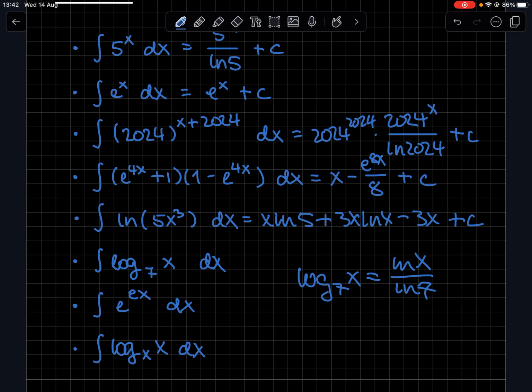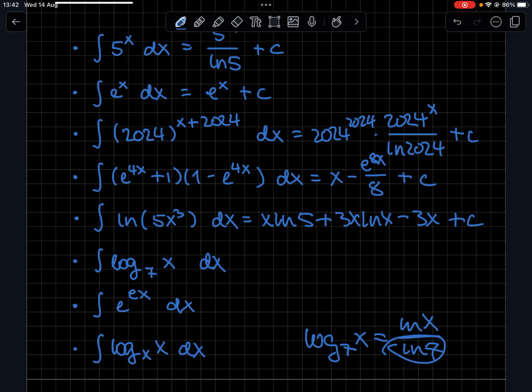And what's really helpful here is that we know the integral of the ln of x, and the ln of 7 is nicely just a constant. So we can actually pull that outside of the integral. So we can say that this is the same as 1 over ln 7 times the integral of ln x dx.